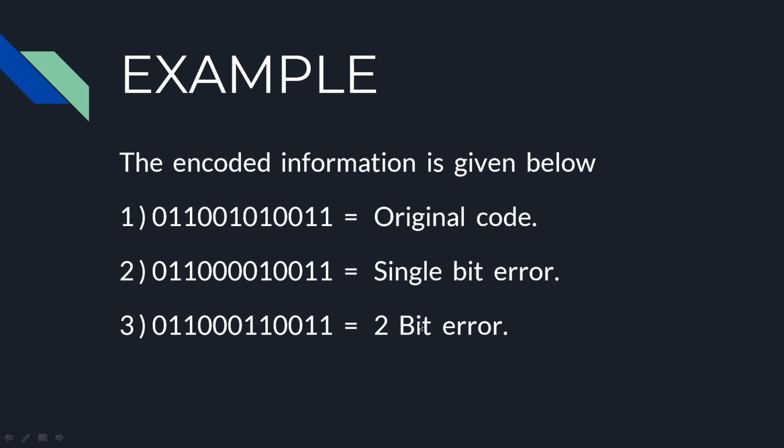When you count the number of ones, it is 1, 2, 3, 4, 5, 6. In spite of having an even number of ones, it has 2 bit errors. So the parity bit is useful for detecting single bit errors and not 2 or 3 errors.